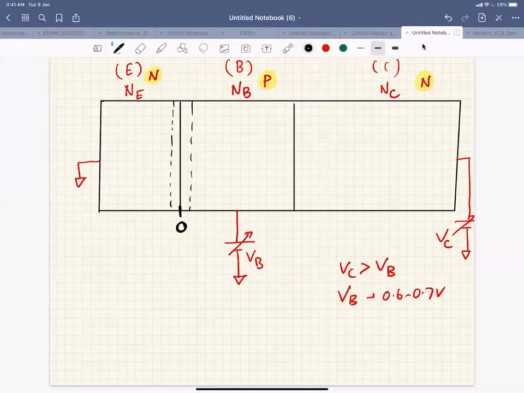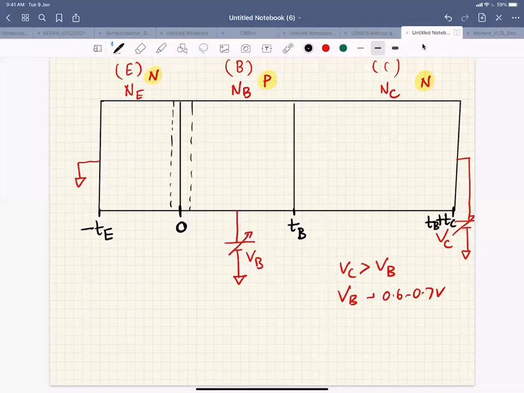Then the base-collector junction will be at TB, the thickness of the base, and the emitter end is at minus TE. And this will be TB plus TC. So TB is the thickness of the base region, TC is the thickness of the collector region, and TE is the thickness of the emitter region.